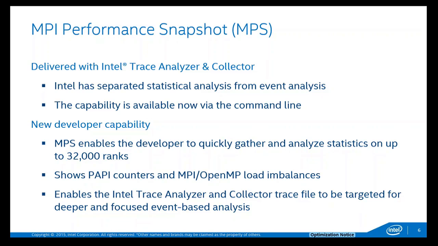All it really does is record some of those OS and hardware counters I mentioned before, so we extract some of that information. We also work with some of the internal statistics provided by both the Intel MPI library and our OpenMP runtimes in order to record some of those imbalances that might be happening in your application at larger scales.